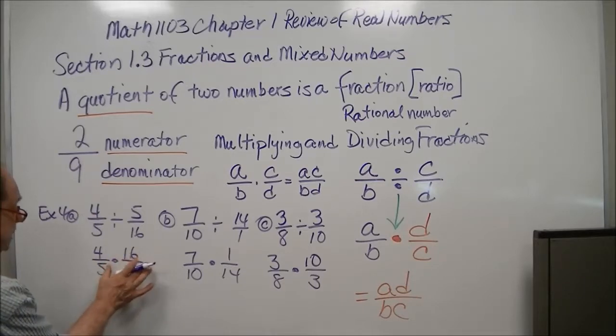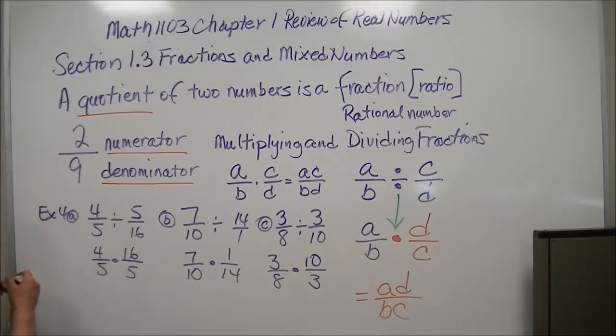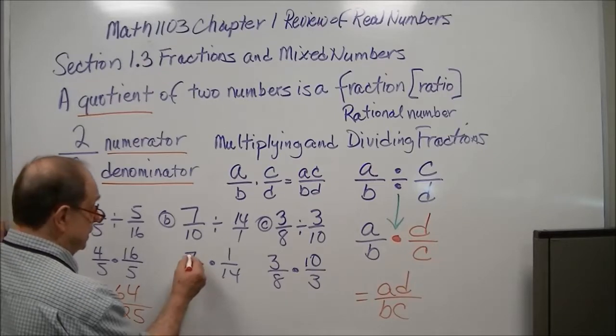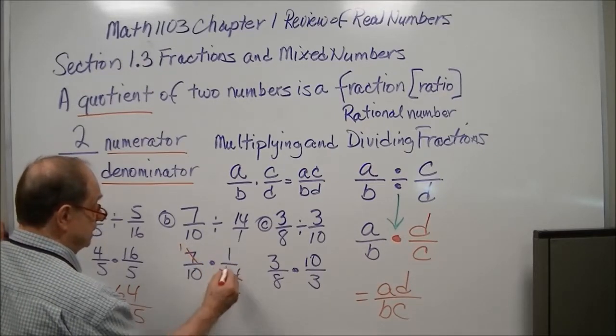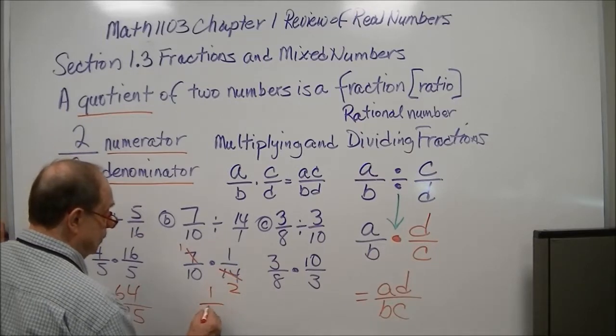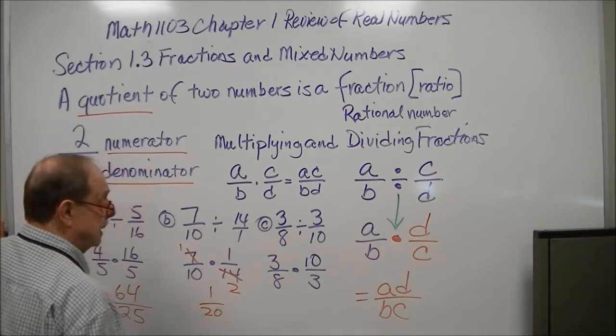Now notice here, there's no cross multiplication that you can do. So we just go 4 times 16 is 64. 5 times 5 is 25. Now here we notice 7 will go into there once, into 14 twice, so this becomes 1/20.